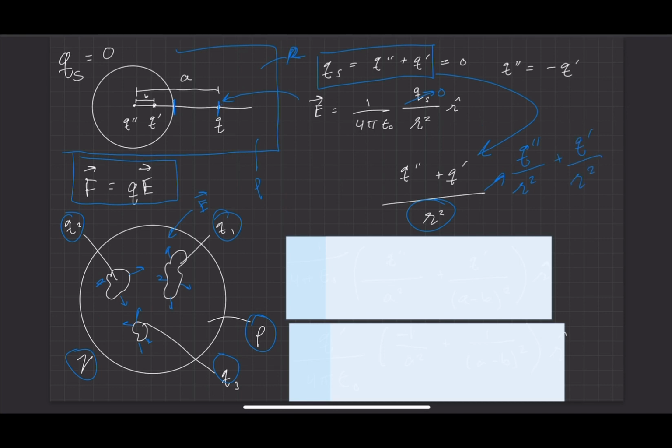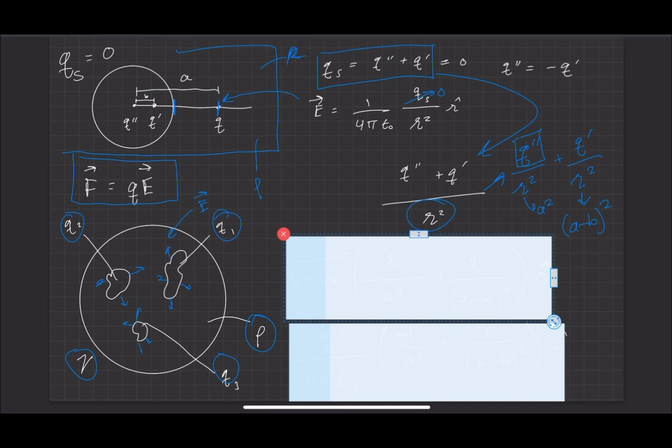And now we can just find the separation from these two charges. In the case of q double prime, we know from our diagram that the separation is just a, so that's going to be a squared. And for q prime, which is situated a distance b from the center, the separation would be a minus b squared.